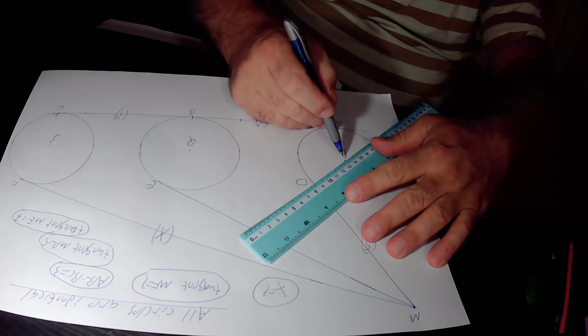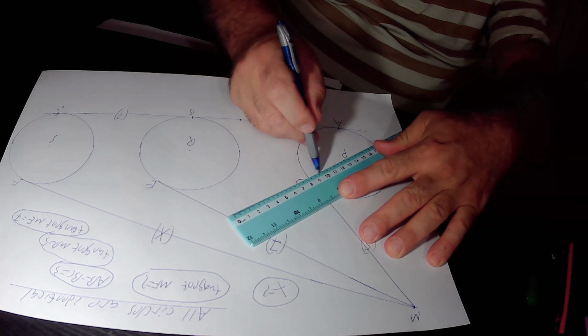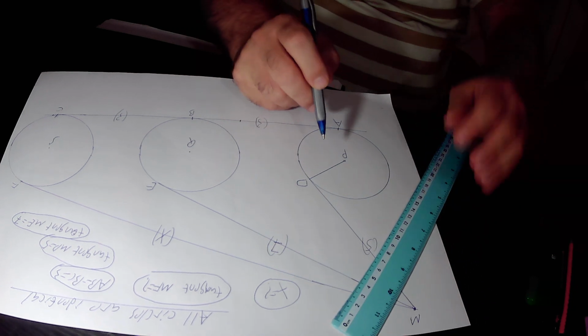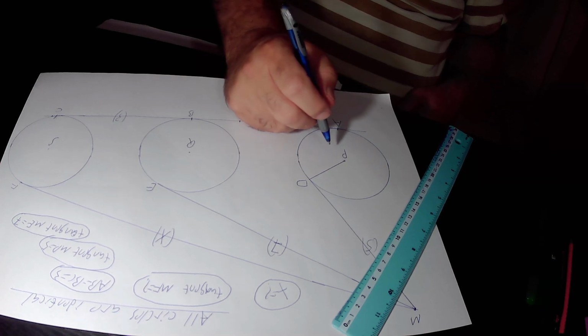So point P is the center of this circle, point D is a point on the circle itself, therefore PD is the radius of this circle.